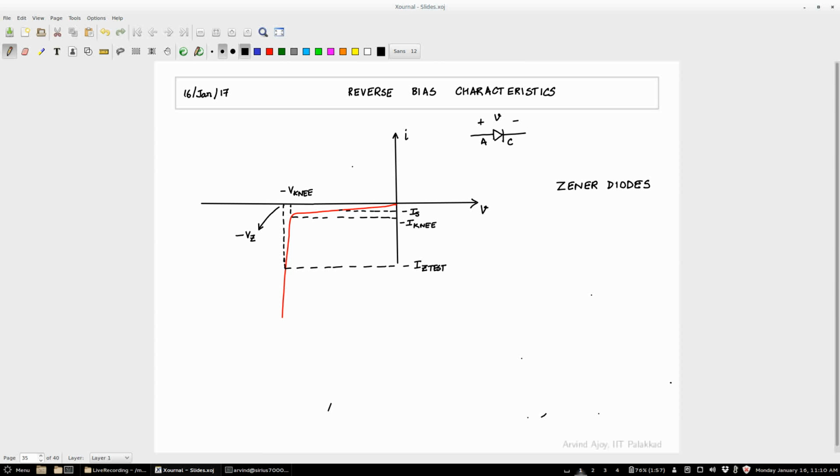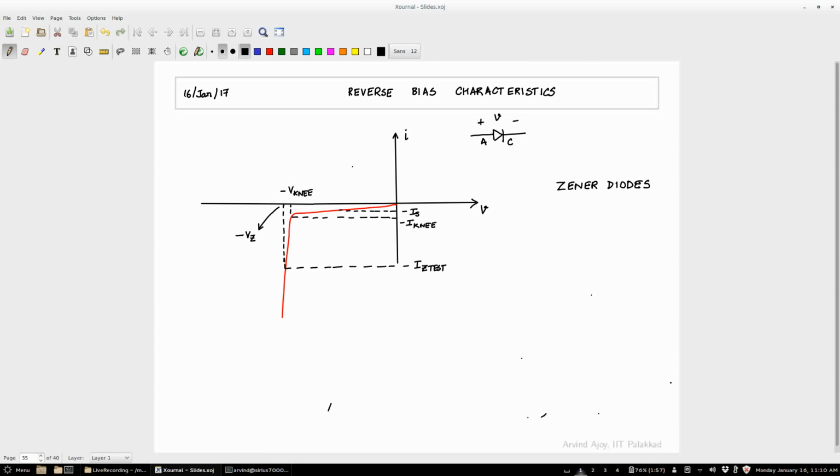So now it's important you keep one small issue in mind. The Zener diode is a diode which is designed to work in its breakdown mode. Okay, and as I mentioned earlier, there are two kinds of breakdown. One is called Zener breakdown, another is called avalanche breakdown. But both these diodes in common usage are referred to as Zener diodes. Okay, so that's bad nomenclature, but that's the way.